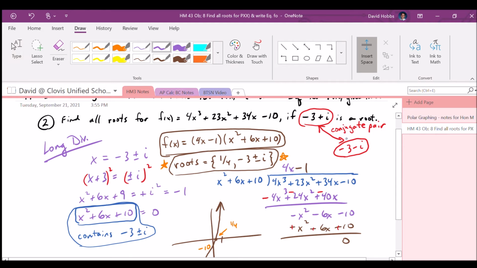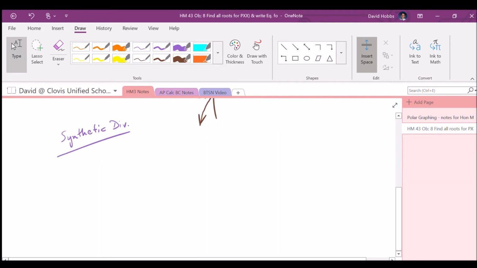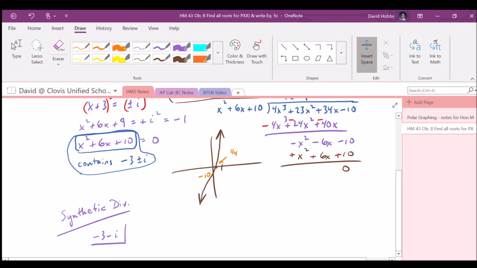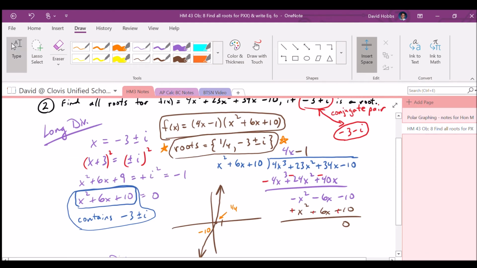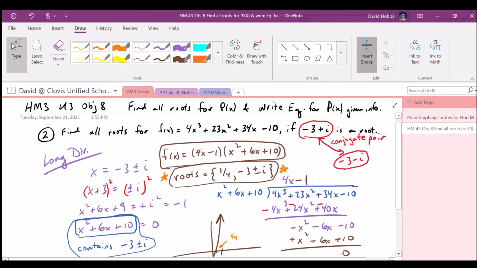The first time through is just kind of messy. If we did the -3 minus i, we did that one first. -3 minus i goes in the box. And then don't forget that our coefficients are 4, 23, 34, and -10.